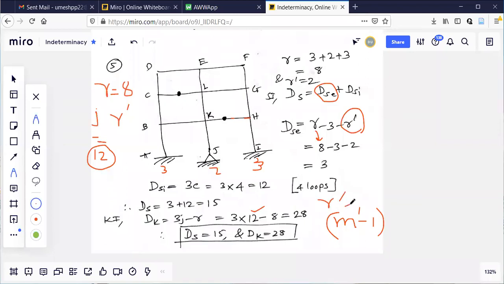Or else if you want, I'll write it. Just 1 second, you give me here. What I will do is I'll just remove here. Okay.